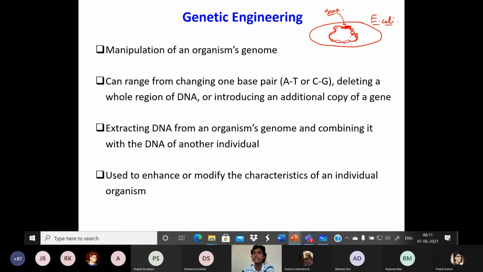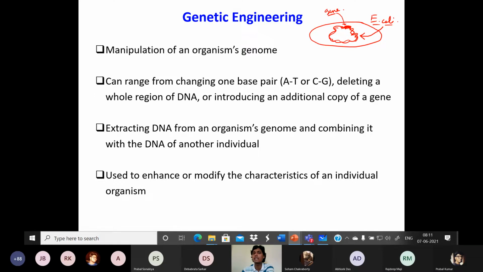So basically what you did is manipulation of an organism's genome. The E. coli chromosome is the E. coli genome, and now you put some gene of interest here.